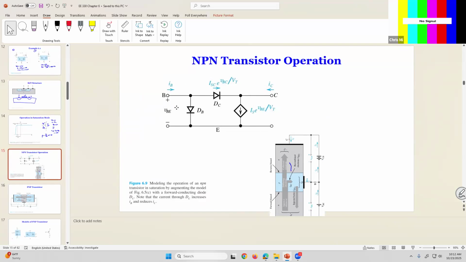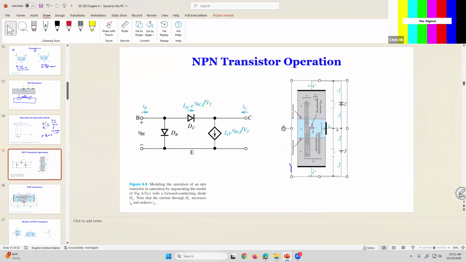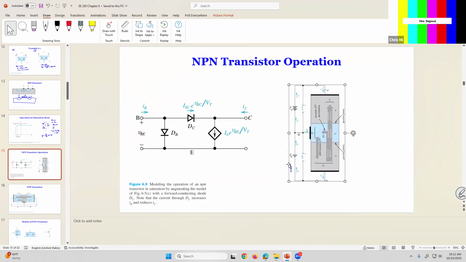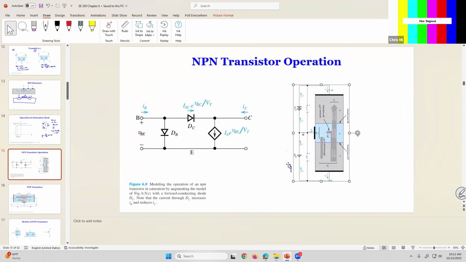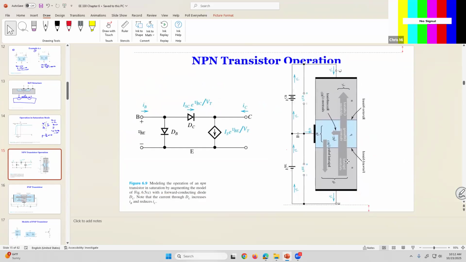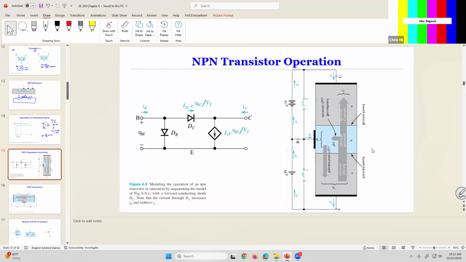We probably don't need that one anymore. So we do it this way, and then can we mirror it? Let's do it this way. Maybe this is better. The problem now is that the text labeling everything is sideways and mirrored.